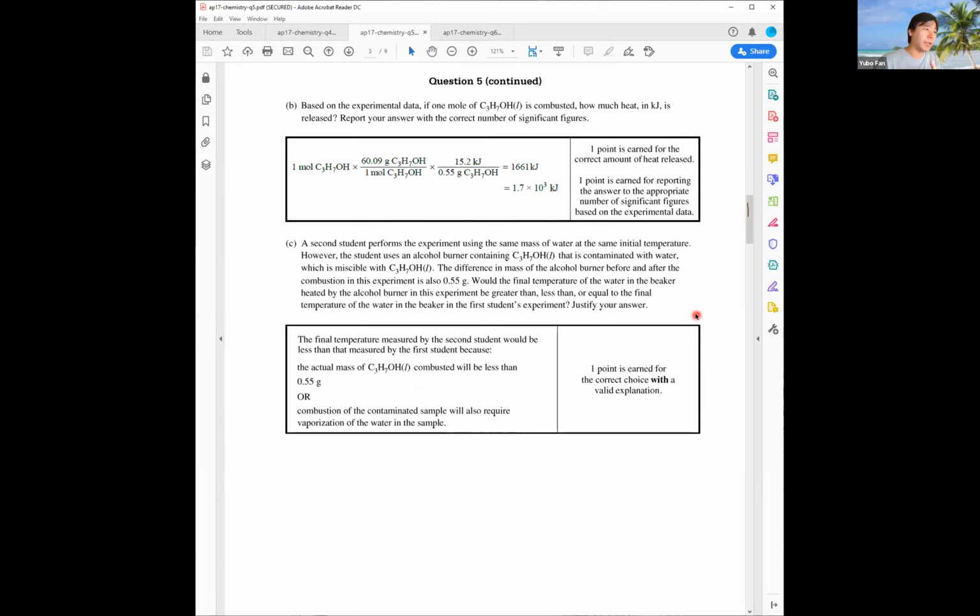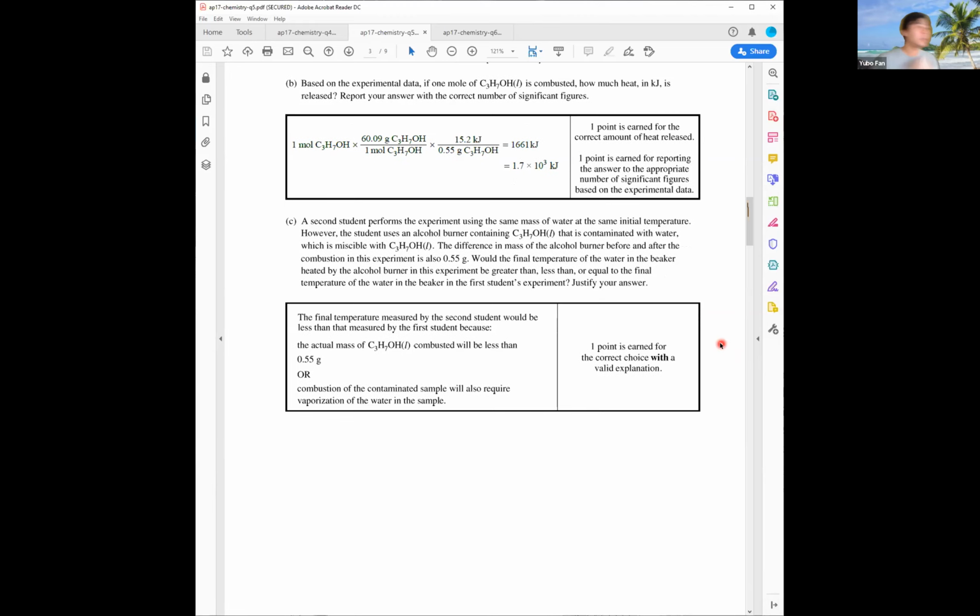Basically, here is the answer. The student said the final temperature measured by the second student would be less than measured by the first student because the actual mass of what combusted will be less than 0.55 gram.